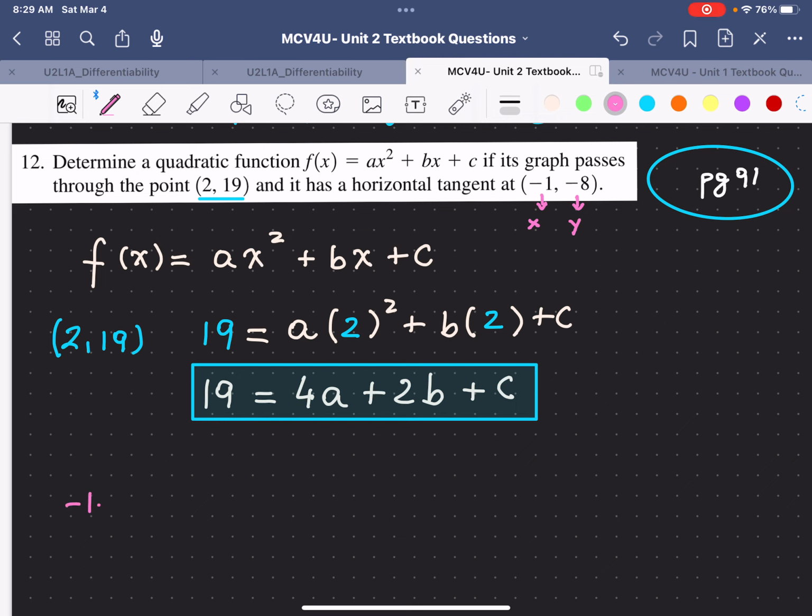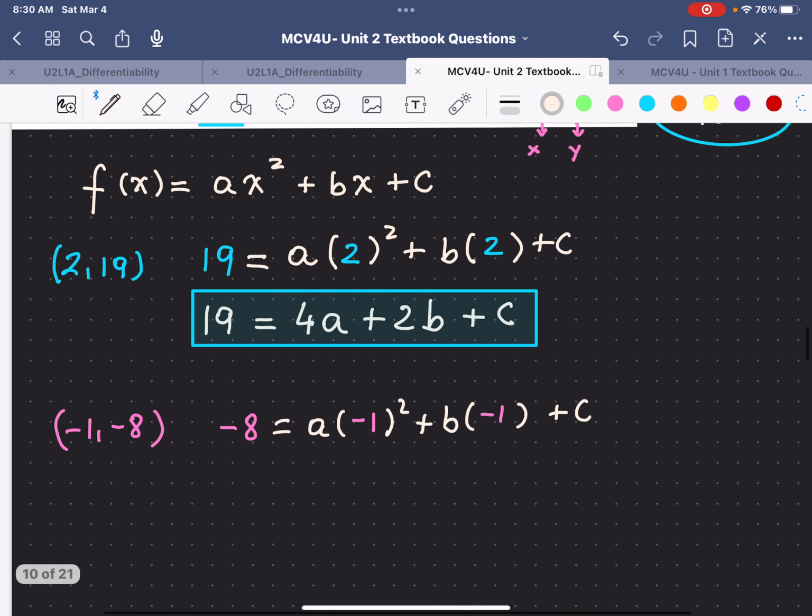So (-1, -8) must satisfy the equation, which means that for the function f of x, the value of y of -8 will be when x equals -1. So a times (-1) to the power of 2 plus b times (-1) and then plus c.